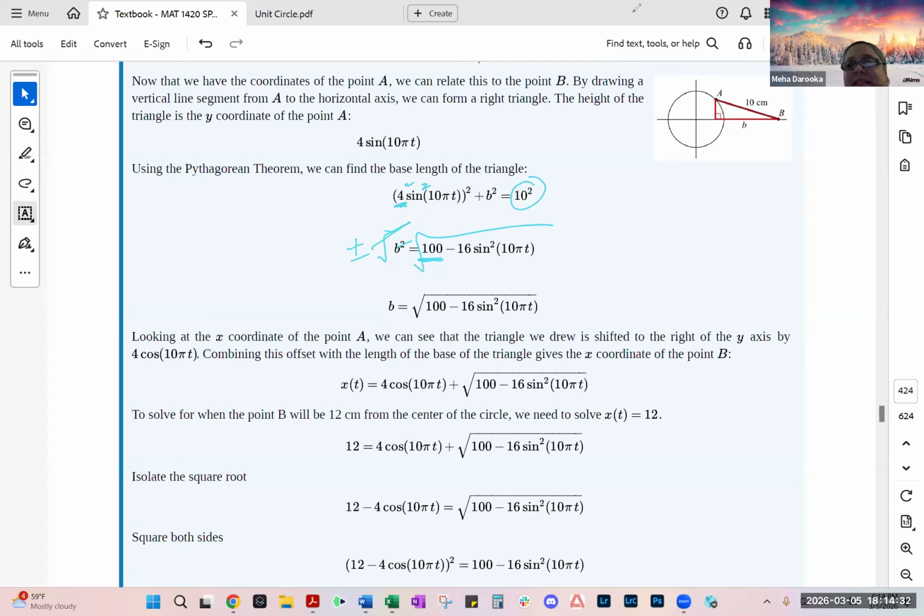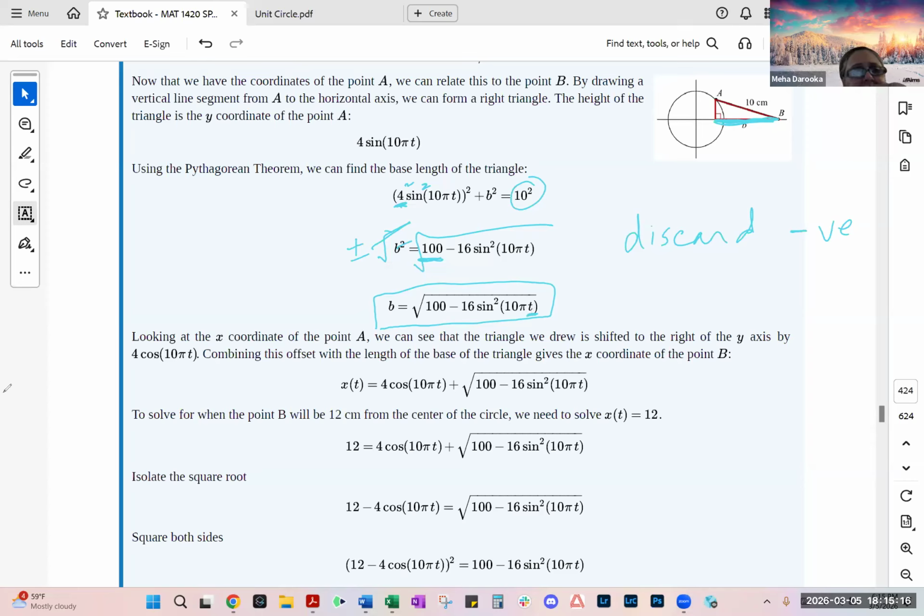Since we know specifically that b is going to be this distance over here, you can discard the negative answer, because a distance is always either 0 or a positive number, right? So we don't need the negative root. That's why you will see they did not bother with the negative root in this formula, because we know it's a distance and distance is going to be positive. So we have now a generic value for B, and you will again see it's based on t, which depends on how long the wheel keeps rotating, I guess, in a way to think about it.